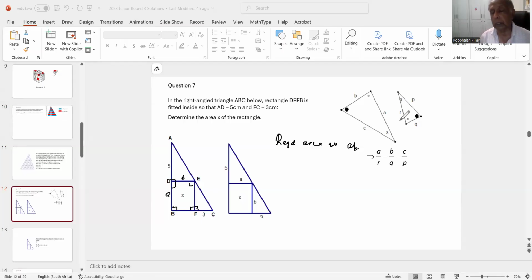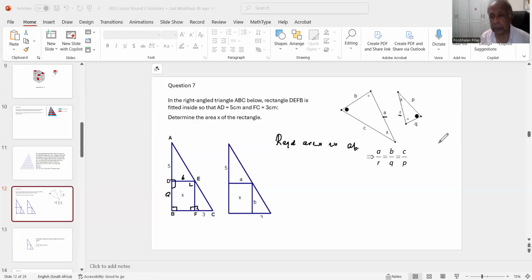Okay, but all is not lost. You can actually take ratios of the sides, because one is a blown up version of the other. So if you look at this line here, A, it's opposite black dot. So that's very important. It's opposite black dot. And here, the side opposite black dot, you call these corresponding sides. A and R are corresponding sides because both of them are opposite the same angle.